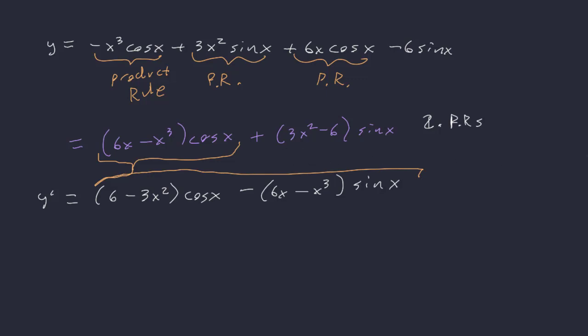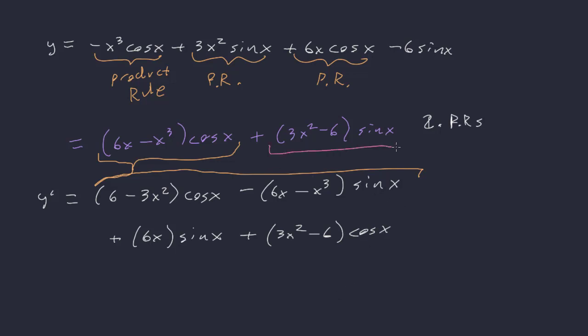Okay, for the derivative of the second term, I will do it down here. It will be the derivative of the first, which is going to be 6x. All right, and that constant just goes away. So times the second function left alone, then plus the first function left alone, times the derivative of the second, which will be cosine.